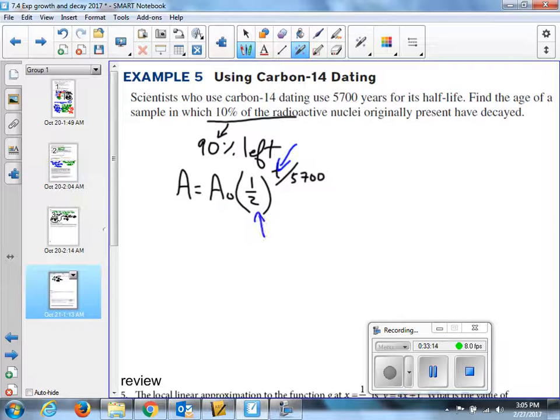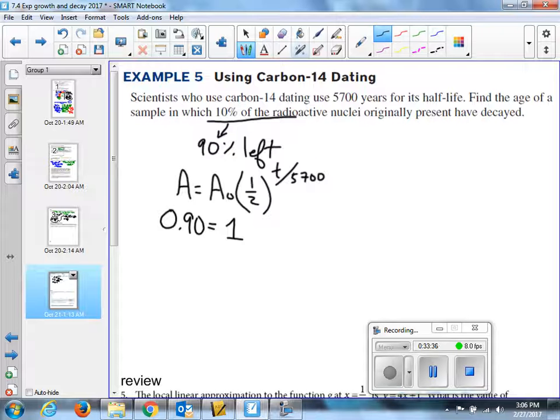You have a quarter of whatever the original amount is. That's how I made up the function. Anyways, I don't know how much was originally there, but I do know that 90% is left. So 0.9 as a decimal percent is equal to the original amount if it was 1. Try to avoid using hundreds and stuff like this. Leads to less error.